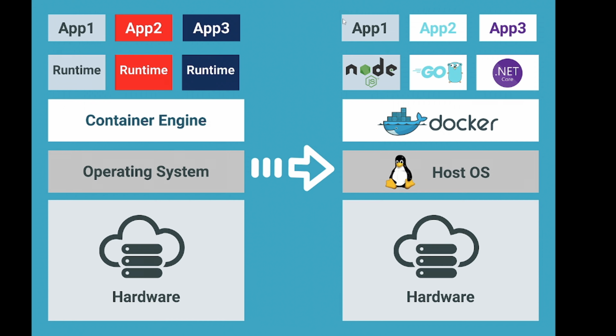So you can see we have app1, app2, app3. App1 is running on Node, app2 is running on Go, and app3 is running on .NET. But you can see you have one hardware. Hardware means your server, your machine, your development machine, whatever you are working on, or any environment where you have deployed your application.